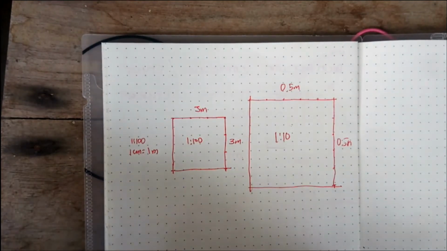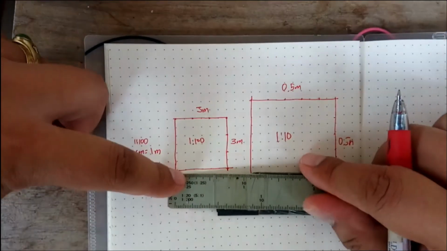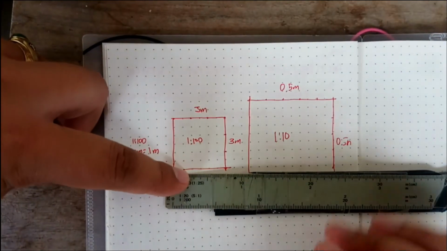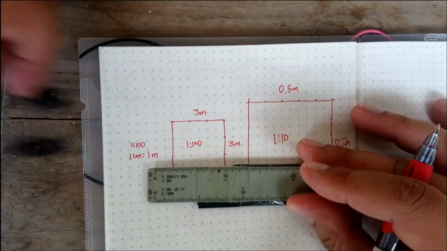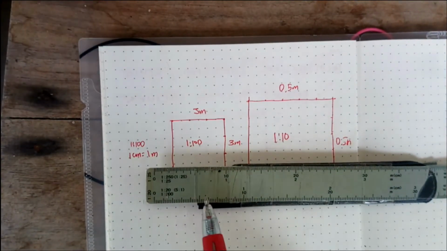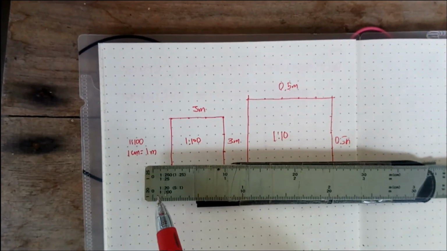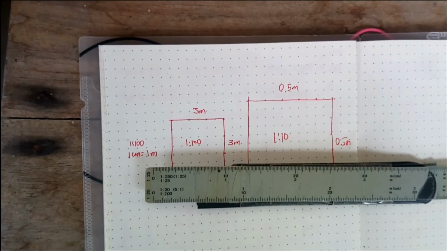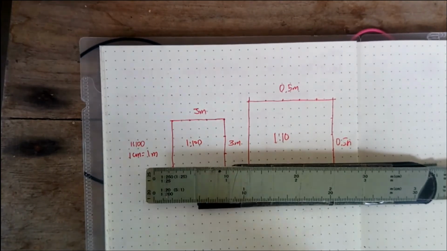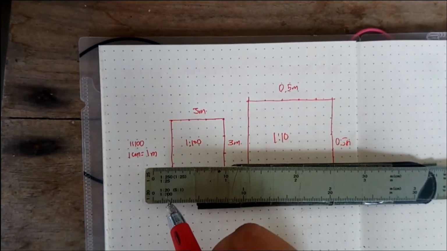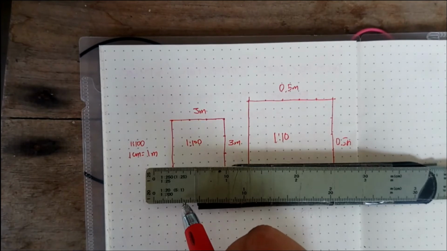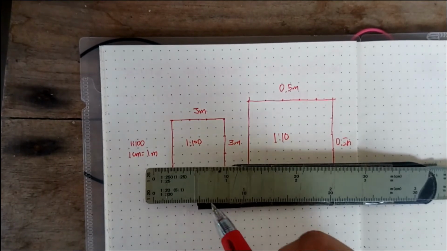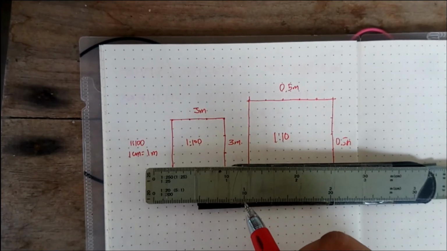For example, let's do a 1 is to 200. In my scale, class, if this is your triangular scale, it's written 1 is to 20. So how do you count 1 is to 200? 1 is to 200 means that this is 1 meter, 2 meters, 3, 4, 5, 6, 7, 8, 9, 10.